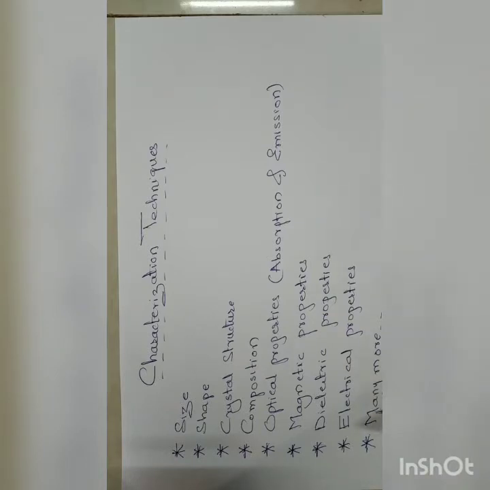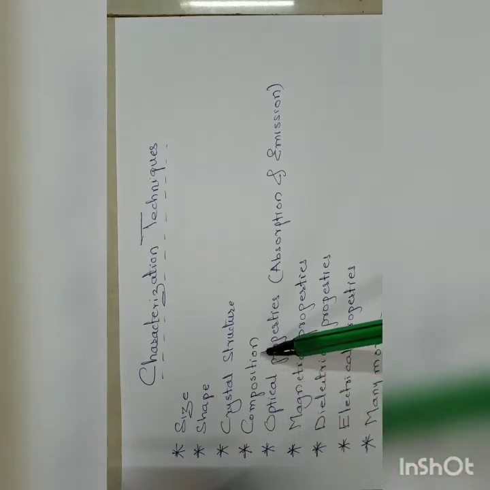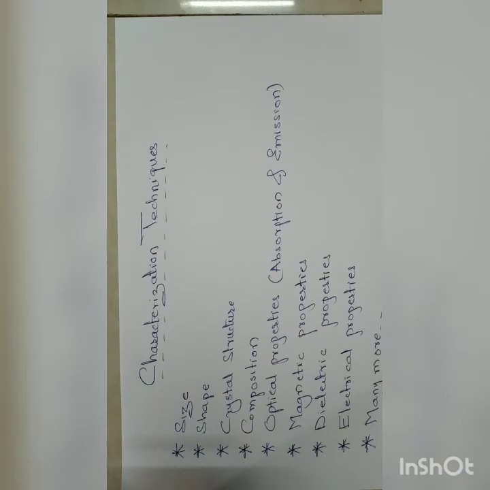When we make multi-component nanoparticles, like more than one element, what we call a compound material, we may be interested to know the composition of that material. Or you may be interested to know various physical properties of nanomaterials, like optical properties.